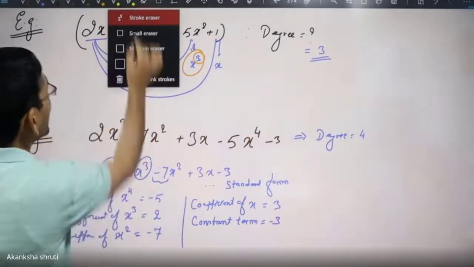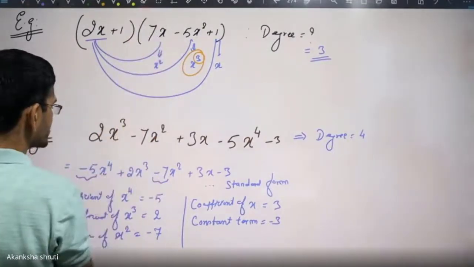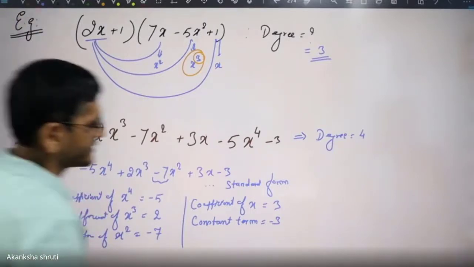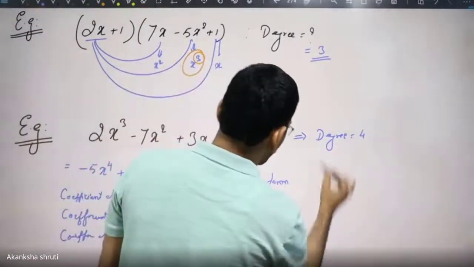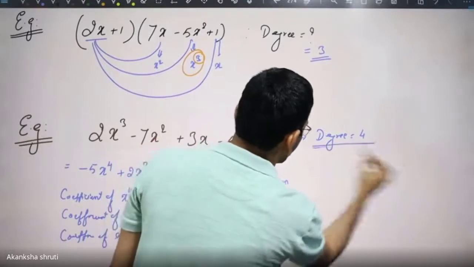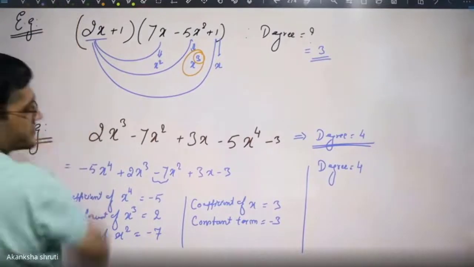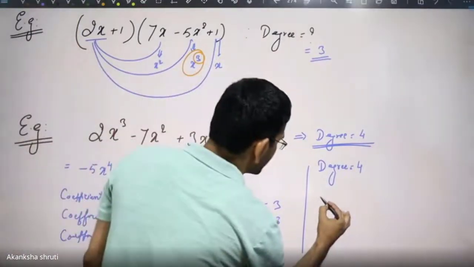If it is asked to you what the first term or second term is here, or what the degree is, that can also be written. So student, we have already written here that the degree is 4. If it is asked for the terms, what is our second term?